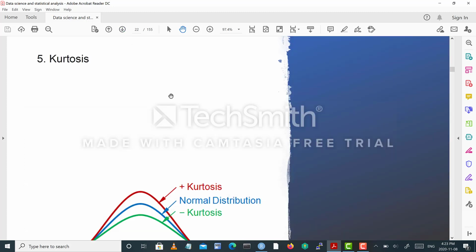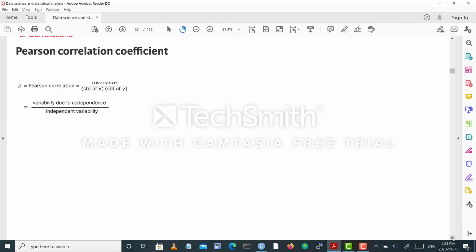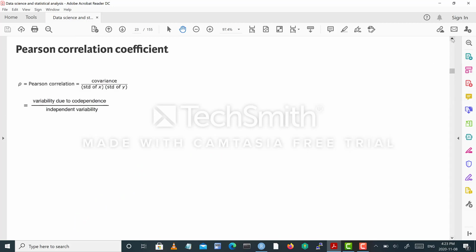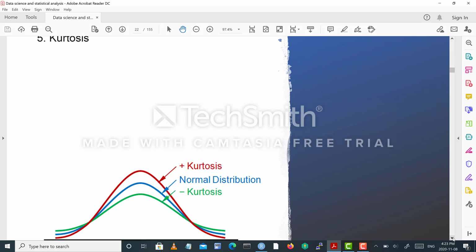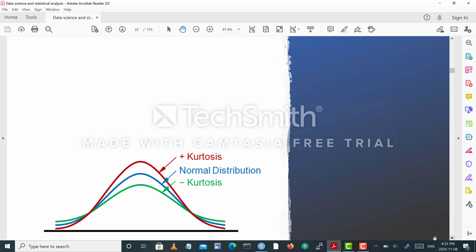We have kurtosis. We have 3 different curves, and the top one, which has the largest maximum point, has positive kurtosis. When it has a positive kurtosis, as we see, there is a big tail in the curve.